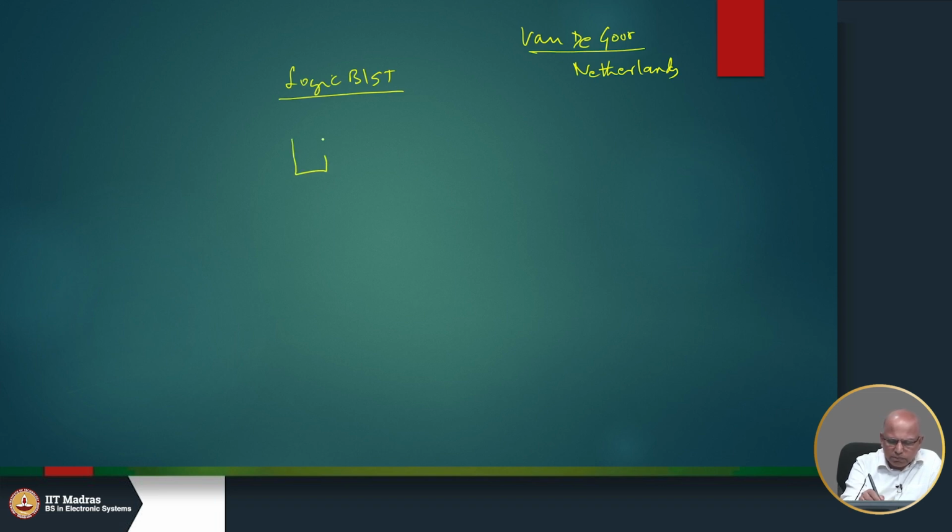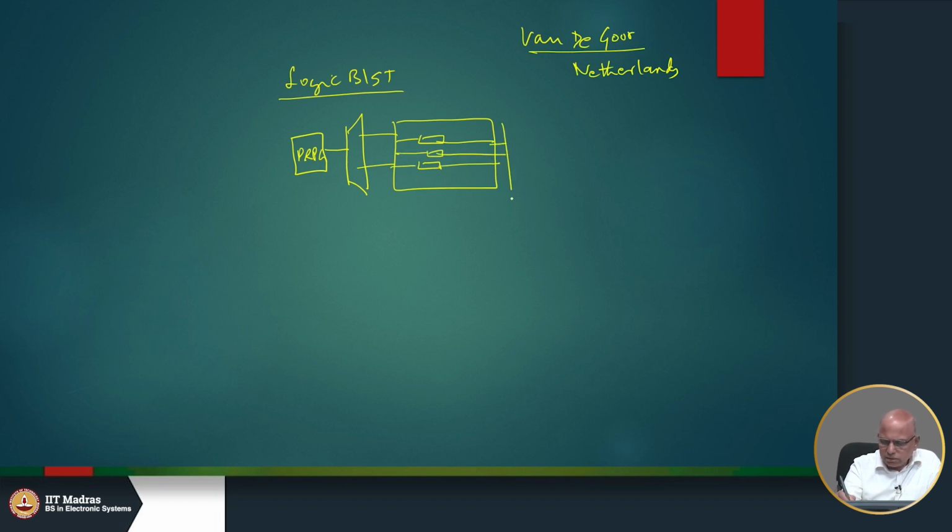So, we can have a PRPG, we can have a phase shifter, then we can have a sequential circuit here with scan chains, and then there could be a sort of a reverse phase shifter, then there could be an MISR. So, this is a STUMPS architecture.